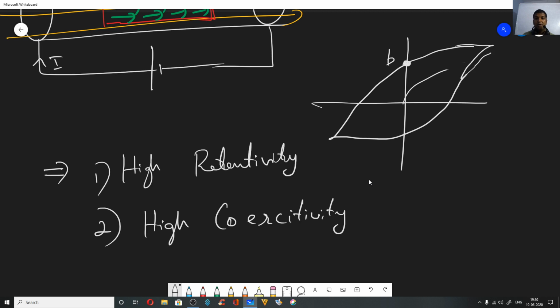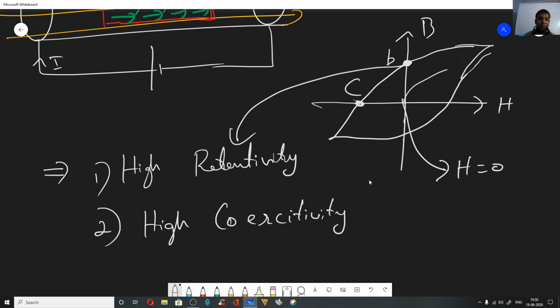So this is H and this is B. Even though H is 0, you are seeing some magnetization. That means when you take that sample out of the solenoid, you expect it to work like a magnet, right? So it must have high retentivity, and also it must have high coercivity. So retentivity is this point B, and coercivity is this point C.